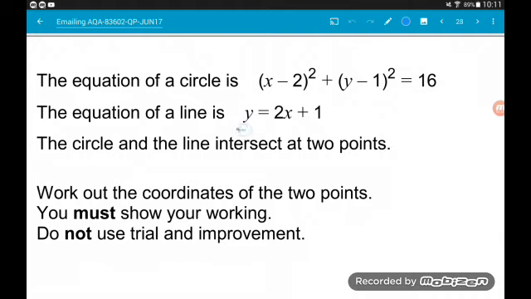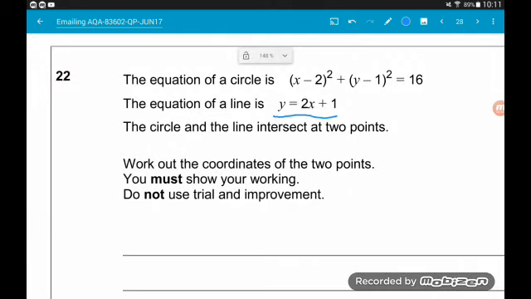So, we use the linear equation as a substitution into the equation of the circle. We no longer think of y as y, we think of y as 2x plus 1. So, the equation of our circle is going to become x minus 2 squared plus, well, we had y minus 1 squared.